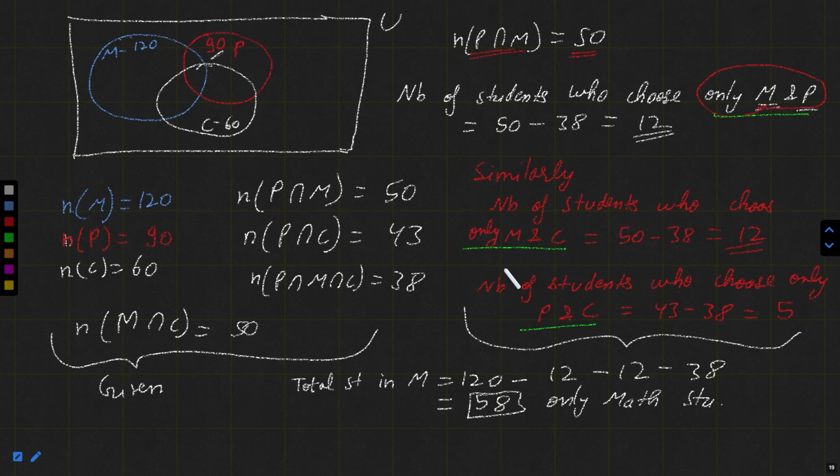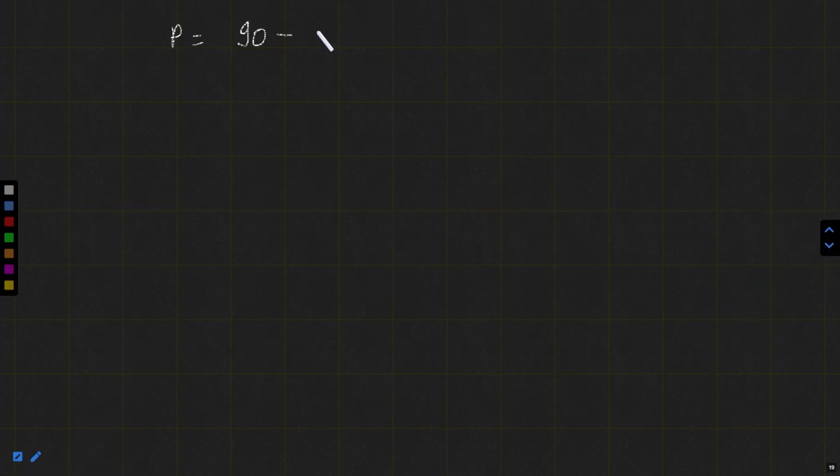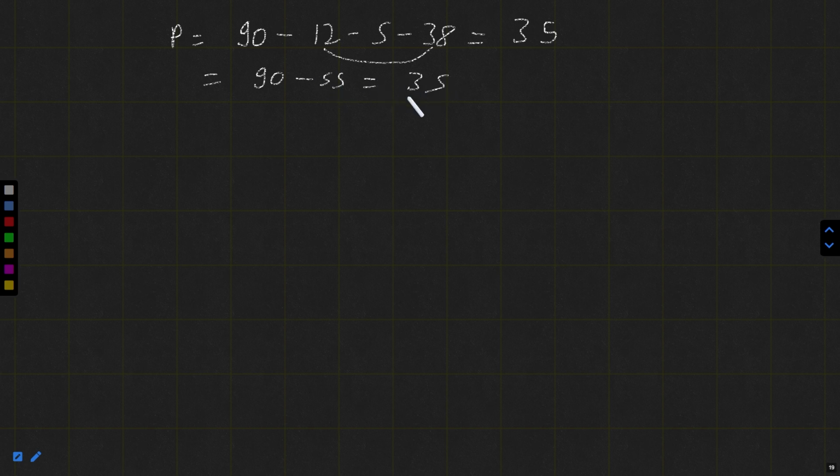From 90 I subtract the students having only physics and math, 12, physics and chemistry, 5, and the 38 number: 12, 5 and 38 I subtract. This will give me 35.